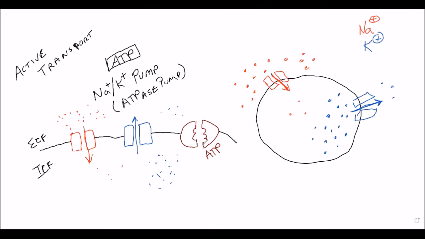What this does is it's going to put 3 potassium in here, and it's going to take 3 potassium from out of here and move it in this way. And it's going to take 2 sodium from inside and move it back out that way.